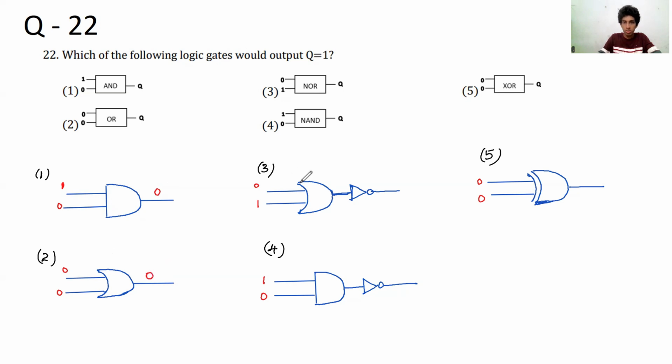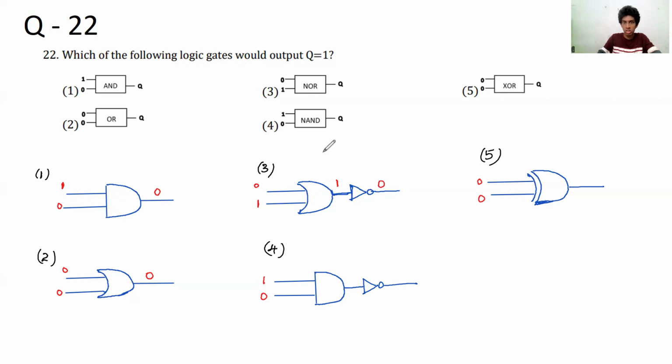Third one, this is a NOR gate. A NOR gate is composed of an OR gate followed by a NOT gate. So at the OR gate, as one input is 1, the output will be 1. And the NOT gate will give the output as the opposite of the input value. So here the output will be 0.